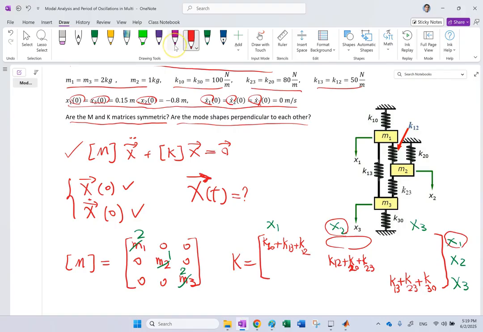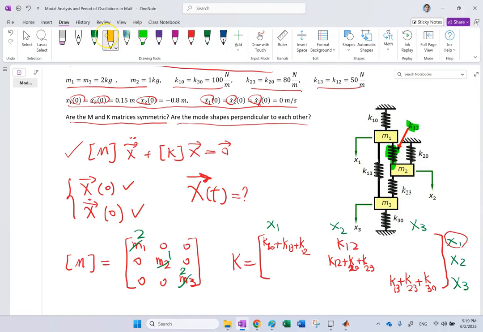What is between mass m1 and mass m2? If you look at it, you'll see that that's this spring here. This spring is between m1 and m2. That's k12. And since it belongs to the other motion, it is going to be negative. So here, this is going to be negative k12.